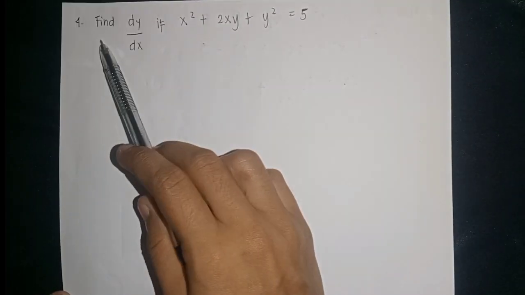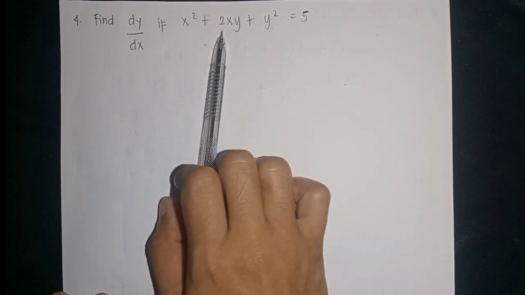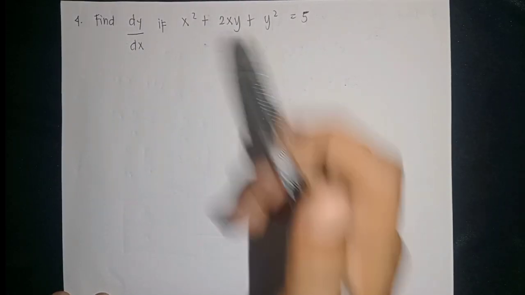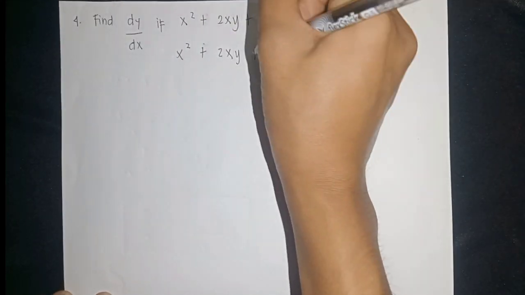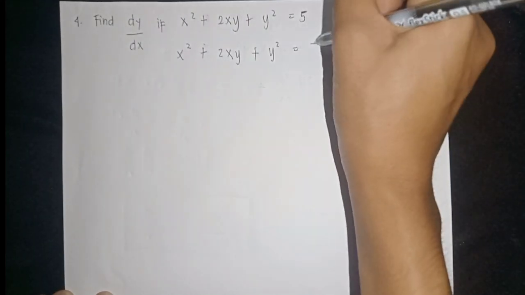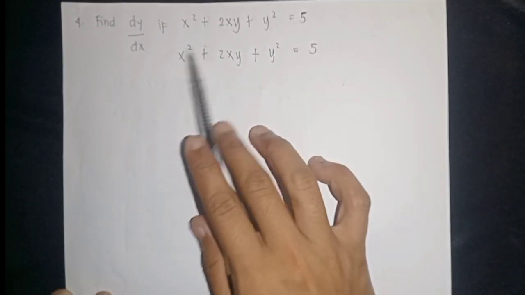And for the last problem, find the derivative of y with respect to x if x squared plus 2xy plus y squared is equal to 5. So now let's copy the equation. So now let's differentiate these functions.